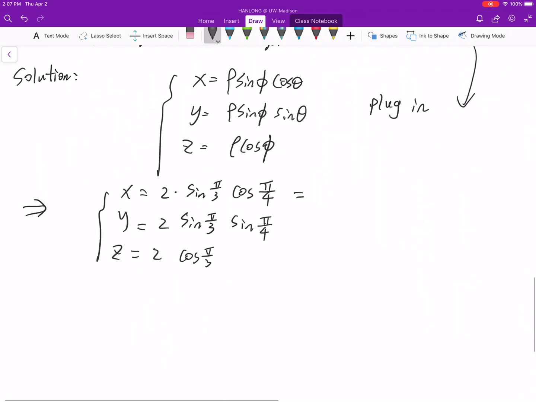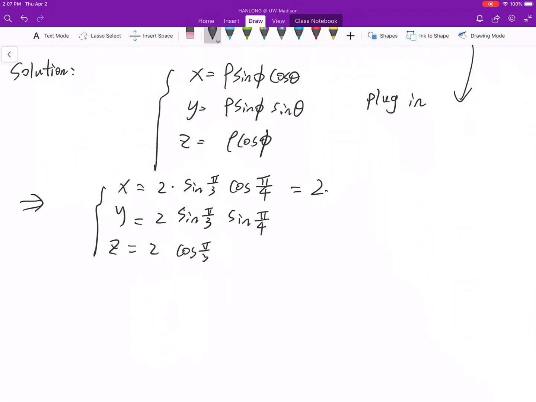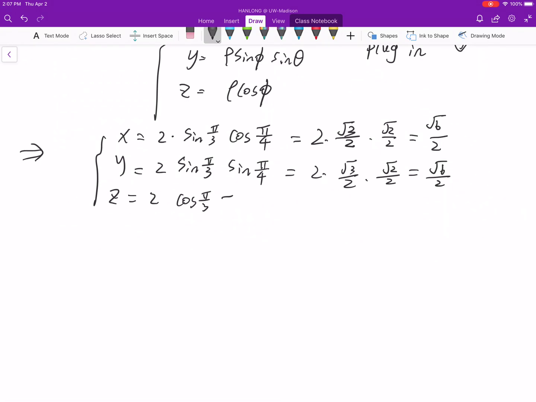So this is 2 times square root 3 over 2 times square root 2 over 2. This is 2 times square root 6 over 4, that is square root 6 over 2. And similarly for the y coordinate, you have square root 6 over 2 as well. And then for the z coordinate, you have 2 times 1/2, which is 1.